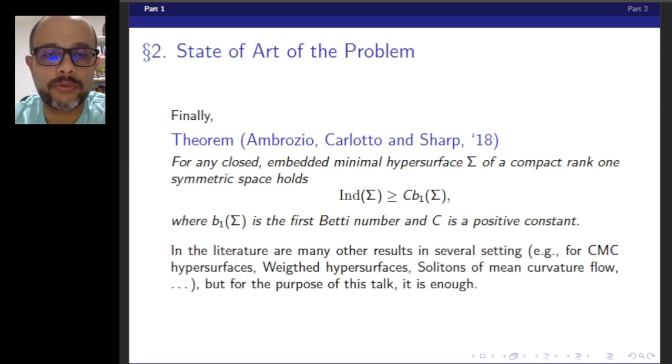I would like to point out that in the literature you have many results about index in some sense for other settings, like the setting of CMC, constant mean curvature hypersurfaces, or weighted hypersurfaces, or solitons, self-shrinkers of the mean curvature flow, for example, and others.